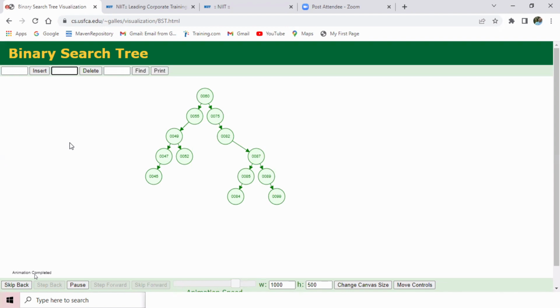That is my first task. So, 52? Where is 52? Let me check. After this there is no node, so I can say this is a leaf. Correct? Please look into the animation process.